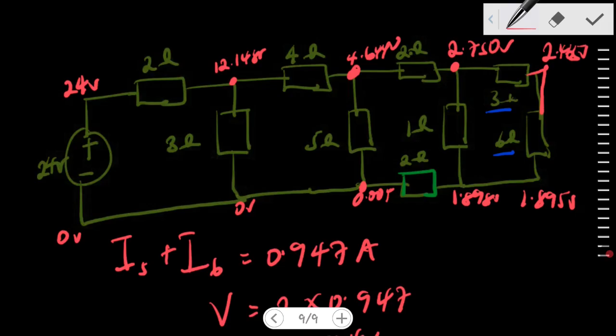Due to rounding off, we can approximate this also to be 0. So 12.1485 minus 12.15 gives me 0.0015, which approximates to 0. So thank you for watching. See you in the next video.